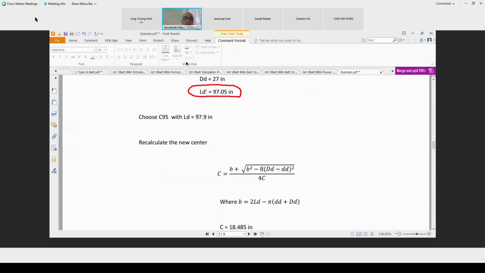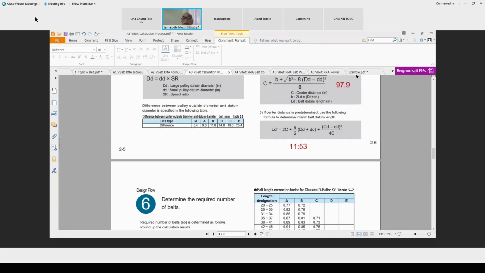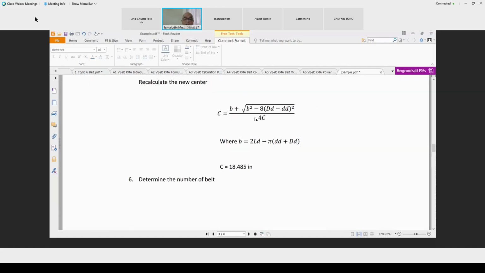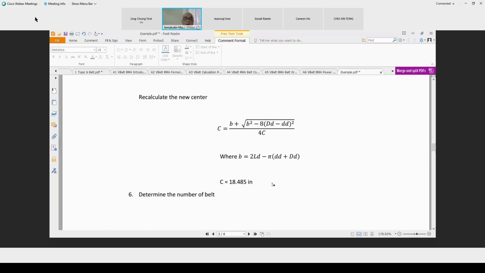Recalculate a bit, again the C using the equation we have in A3. In this equation, the 18 inches should be larger, because we are using a longer length of belt. We got 18.485. Meaning that if you do the calculation, you find out that the number is going to be smaller, so you have to do the calculation again.